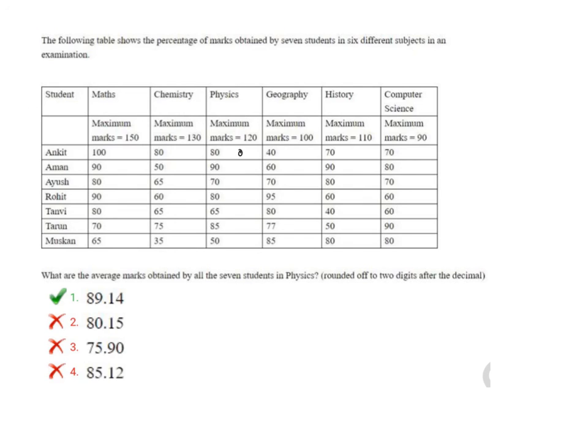This becomes 0, this becomes 10, this becomes minus 10, again 0, minus 15, plus 5, minus 30. Now minus and plus cancel. Then you have plus 5 minus 10. So you have minus 40 divided by 7. This is the average percentage. So that becomes 560 minus 40, 520 by 7%.